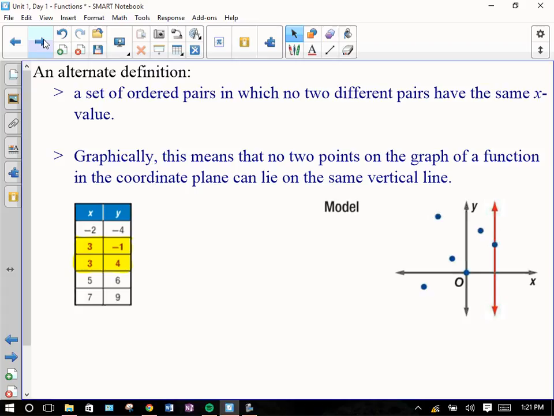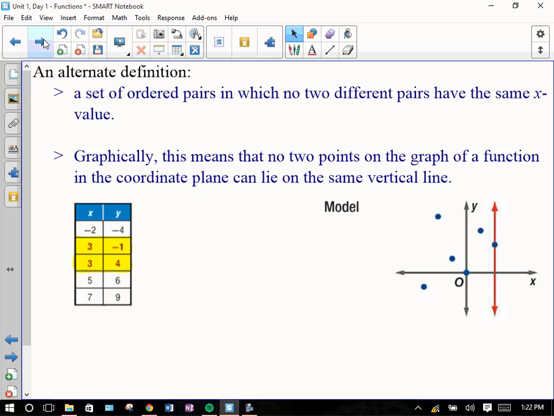See what's highlighted? Why is this not a function? There are 2 3s. It says a set of ordered pairs in which no two different pairs have the same x value. So you can't have 2 3s, because we said it maps to exactly 1 y value. Well, 3 maps to -1, and 3 also maps to 4. That's 2 different y values, not 1. Does that make sense?